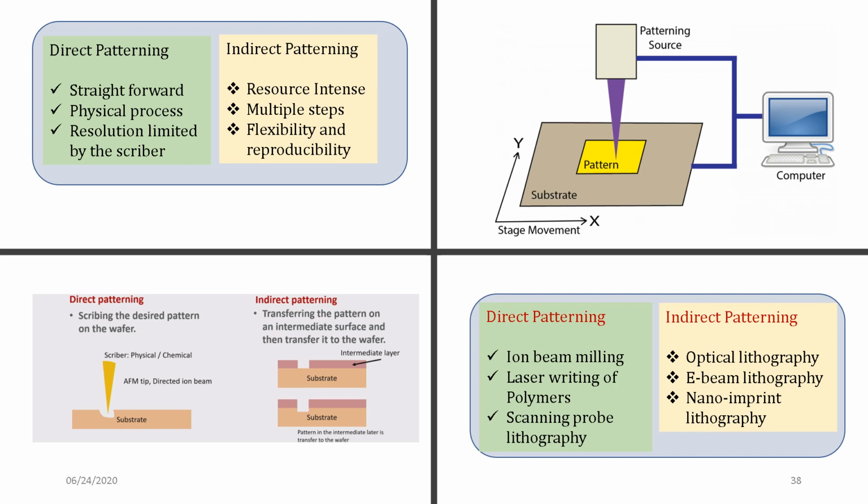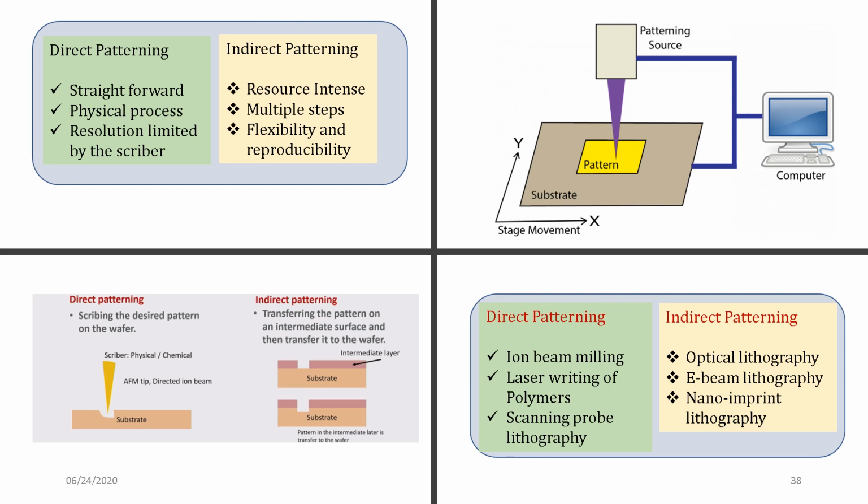Because, as I'll show you in this figure, you need an intermediate layer in order to transfer the pattern, and then it has to be transferred into the wafer, the silicon wafer or silicon nitride wafer that you have. So it involves multiple steps. In terms of flexibility and reproducibility, because it involves multiple steps, it's a little complicated, and for the same reason it's resource intensive.